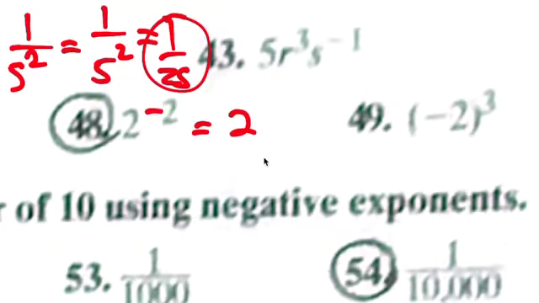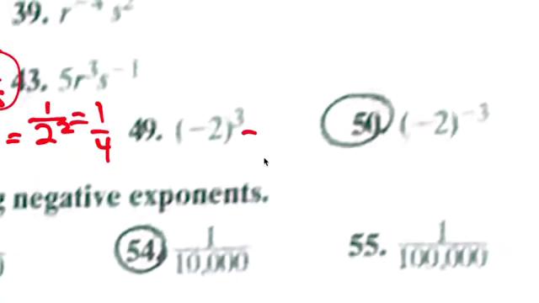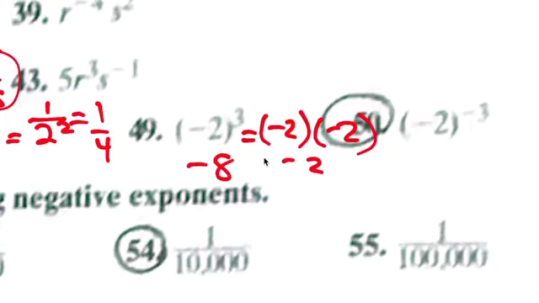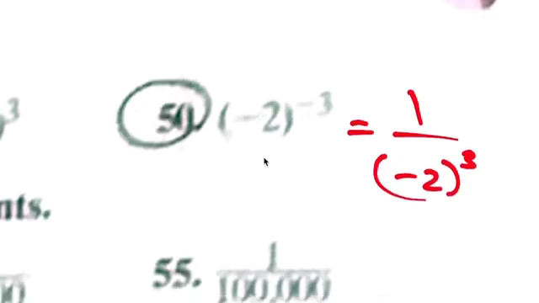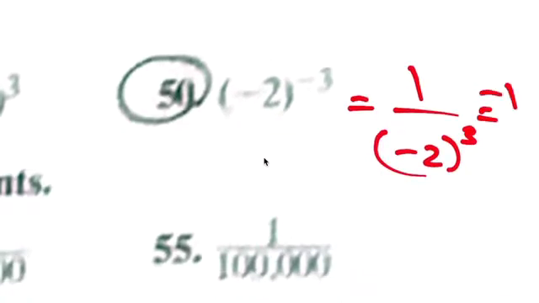That's 2 squared, so it's 1 over 4. It's negative 2 times negative 2 times negative 2, which is negative 8. Oh no, 49 we don't have to do. 50. This is 1 over negative 2 cubed, so negative 1 over 8.